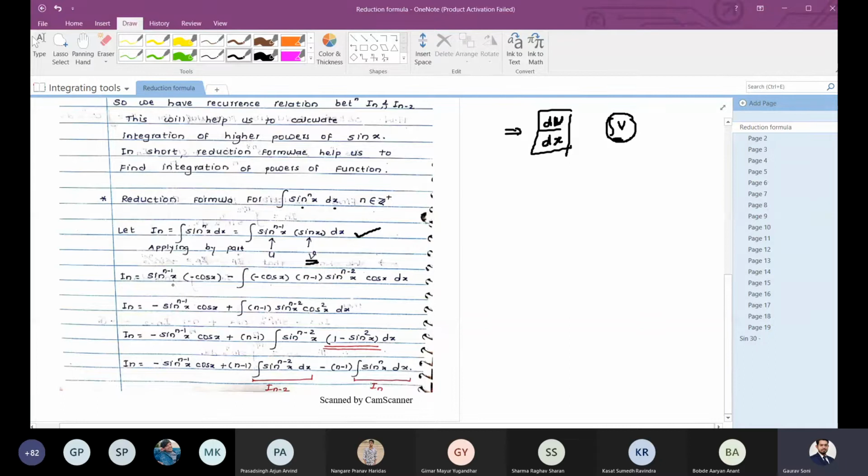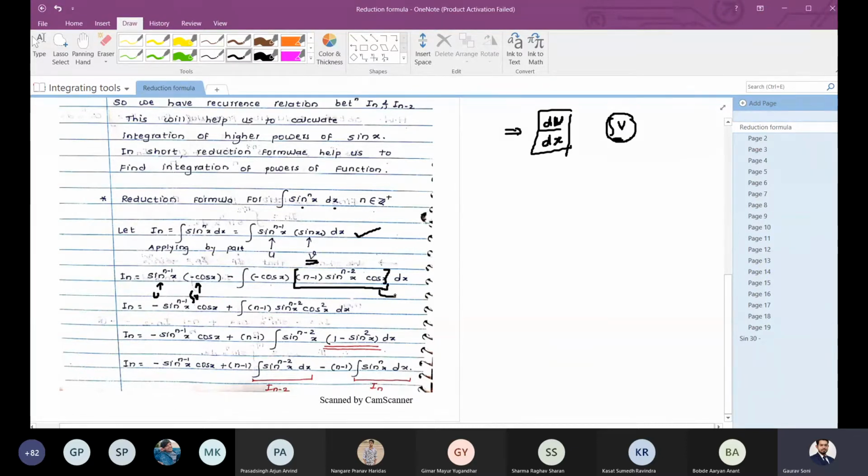Whereas in this case, the choice sine raised to n minus 1, the derivative will lead to this term. So sine raised to n minus 1 x times integration of v, minus integration of the derivative: n minus 1 sine raised to n minus 2 x, and by chain rule the derivative of sine x becomes cos x.